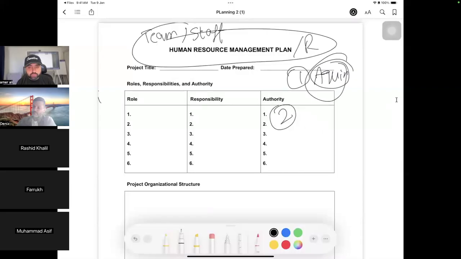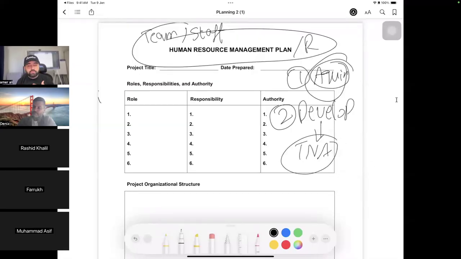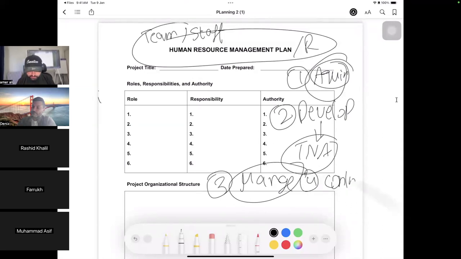Then once you acquire them, how you are going to develop them, like identifying the training needs, providing the training, individual training versus overall training. How you are going to manage the resources, conflict management, and finally how you are going to release the resources.